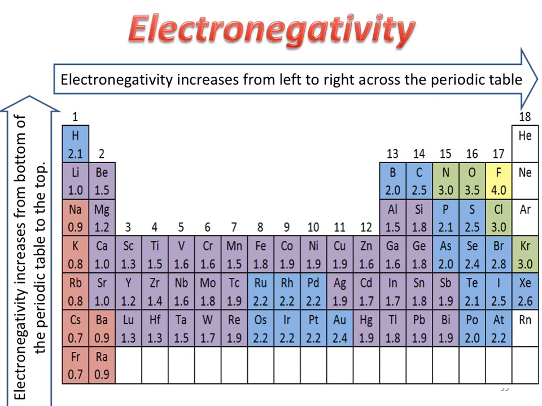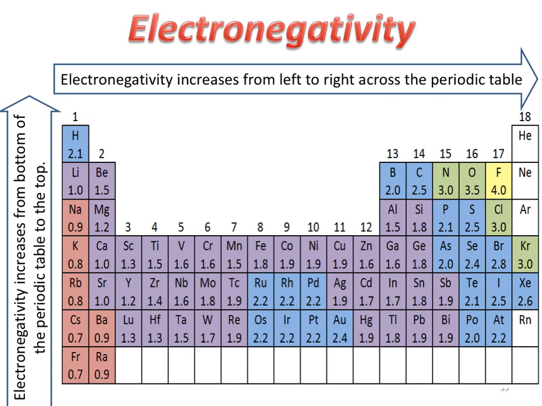But I want to lay on top of this periodic table here the trends. Because we've looked at several trends, and we can match them all up on one table.